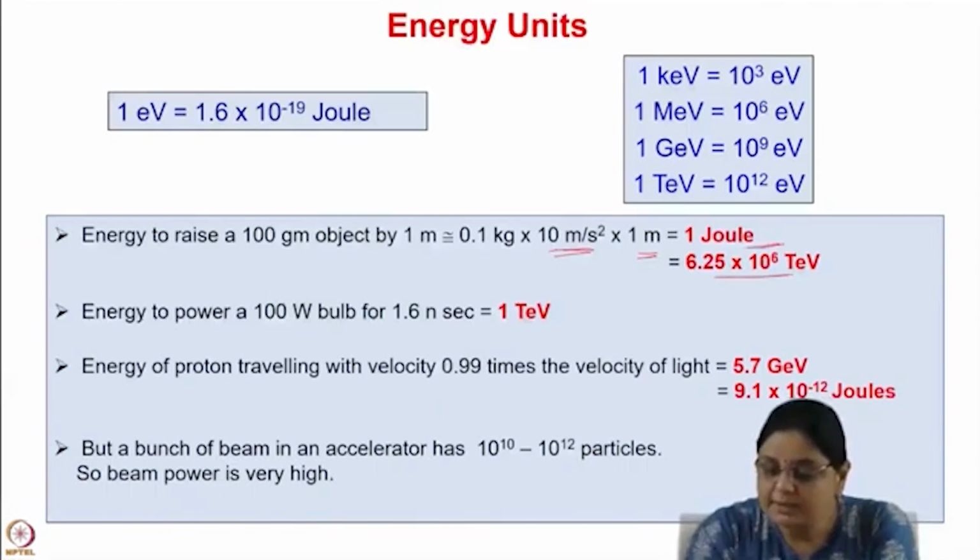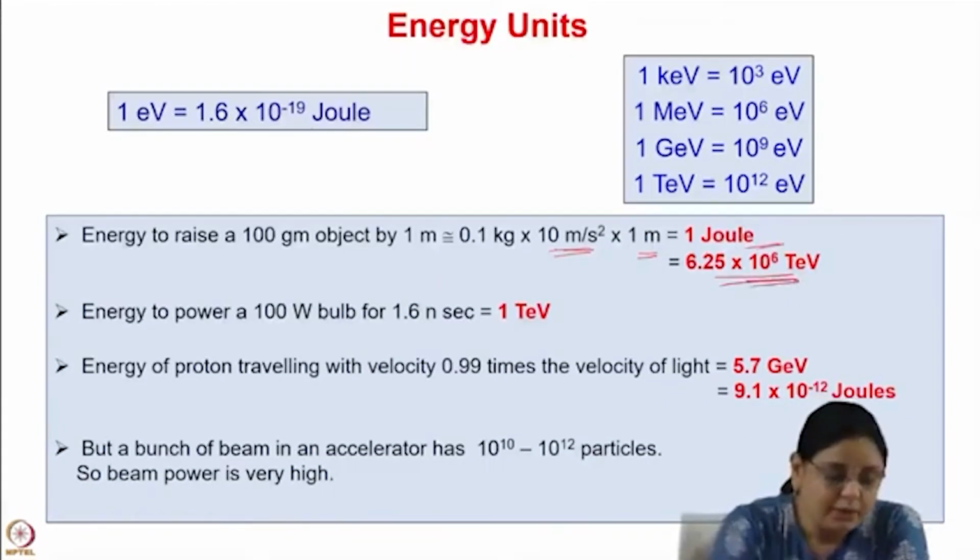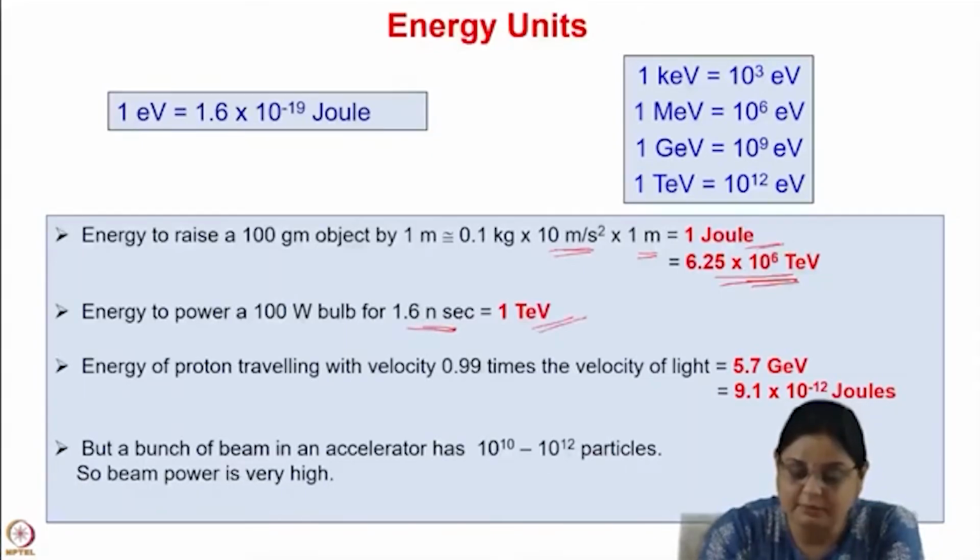And this number, if I convert it into TeV, is a huge number. Remember, the maximum energy to which a charged particle has been accelerated is 7 TeV. So this is much greater than that. Again, let's see the energy to power a 100-watt bulb for just 1.6 nanoseconds. That is 1 TeV.